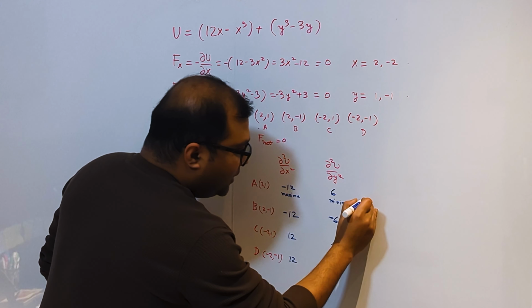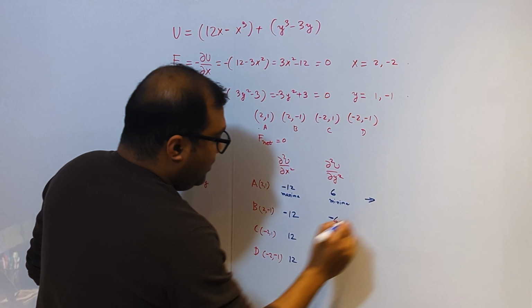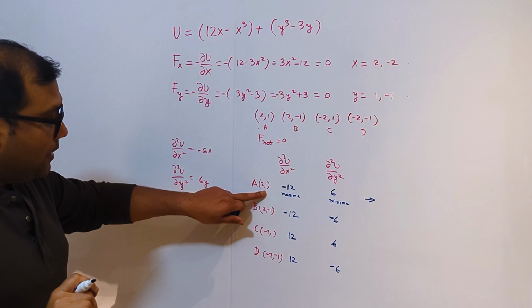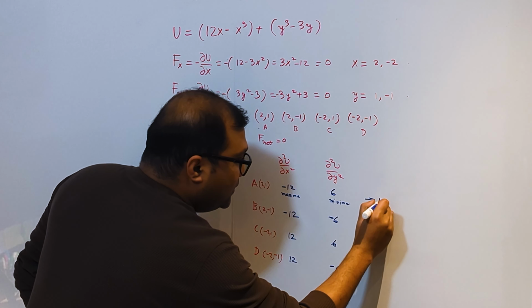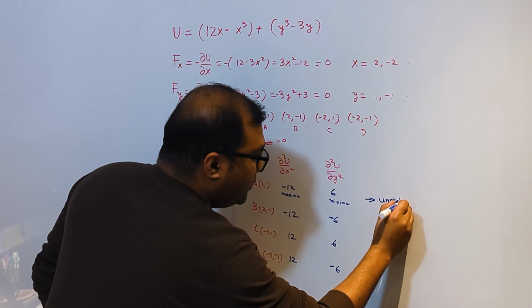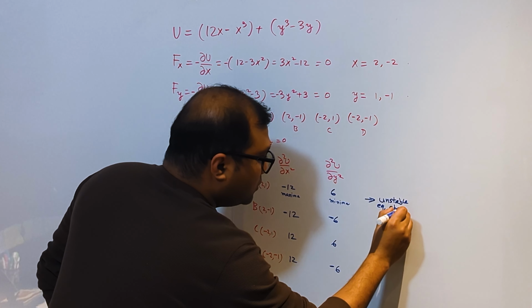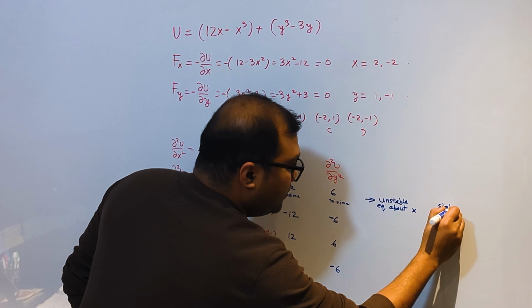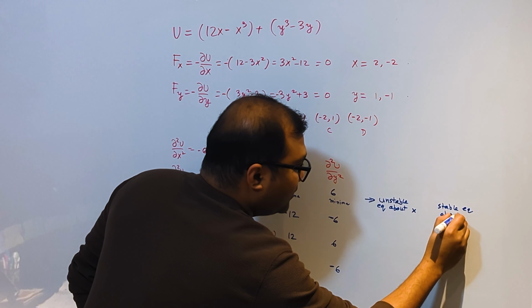The interpretation here is at 2 comma 1, this is a point of equilibrium, but it is unstable equilibrium about x, but stable equilibrium about y.